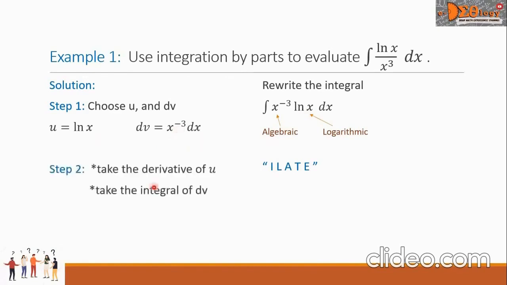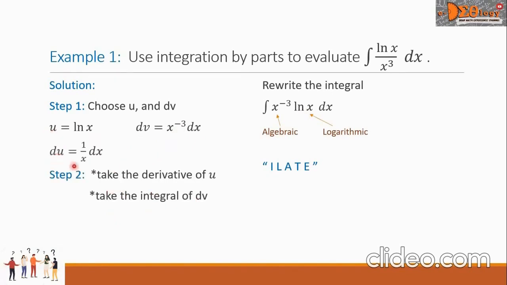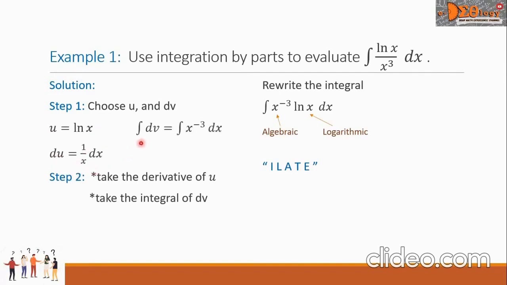Now step 2, we will take the derivative of u while take the integral of dv. So the derivative of u is du equals the derivative of ln x, which is 1 over x dx. For the dv, we will take the integral.